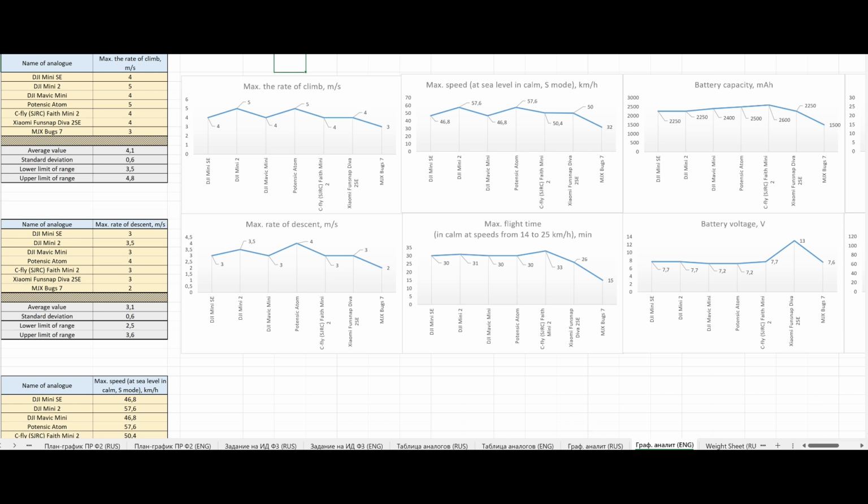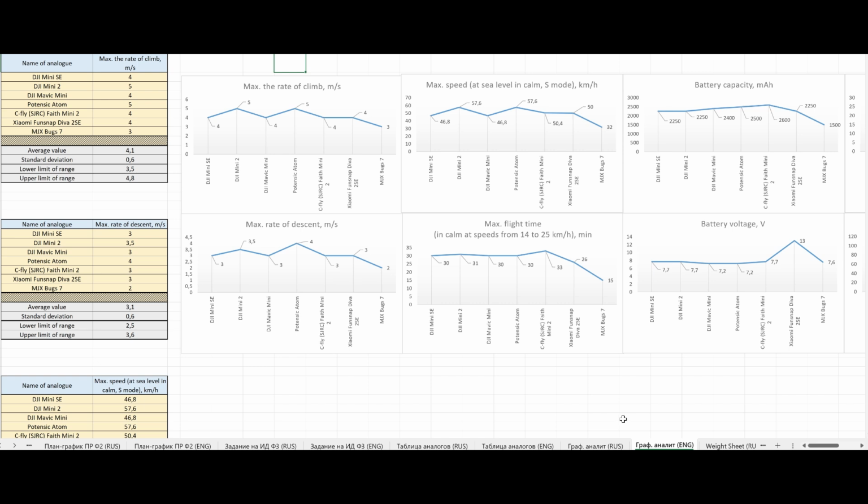So, as an example, let's look at graphical analytics for the following sections. The first, general characteristics of the unmanned aircraft system, second, battery pack, and last, remote control and radio equipment.